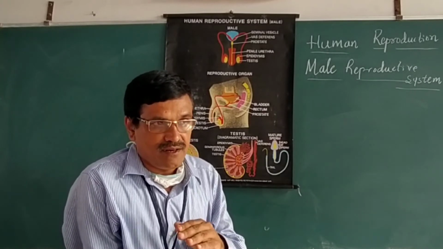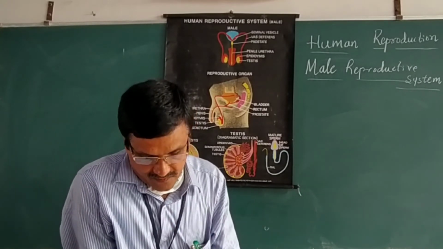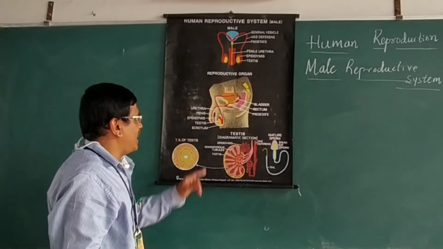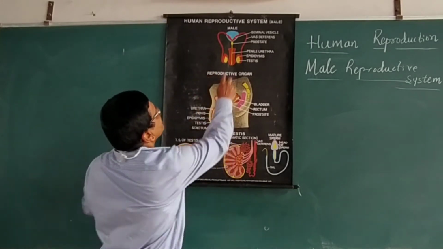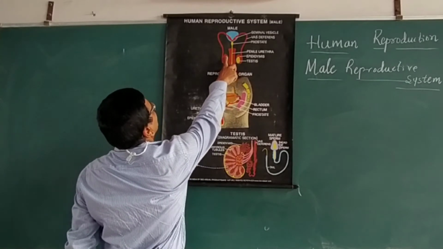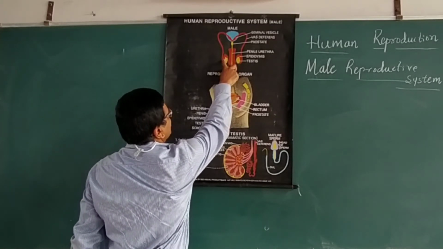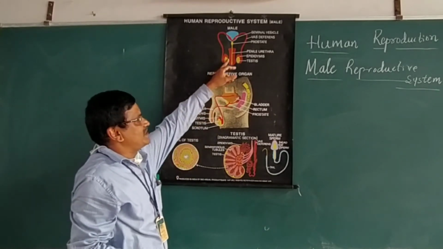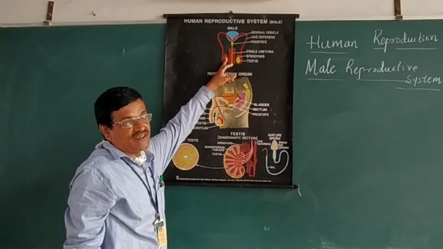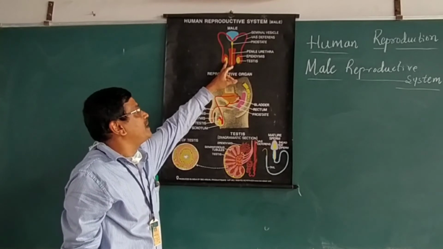That means it leaves the testicular lobules as small ducts known as rete testis. And this rete testis then leaves the testis, and it continues as epididymis.